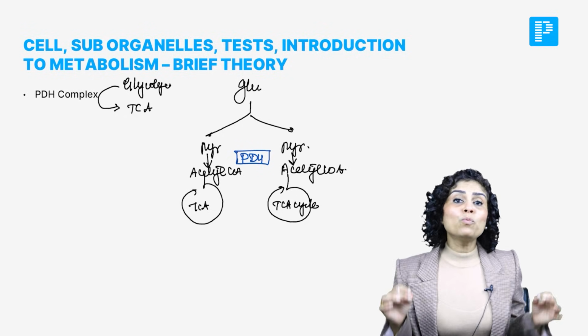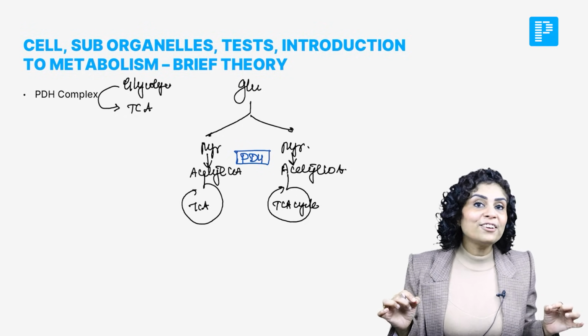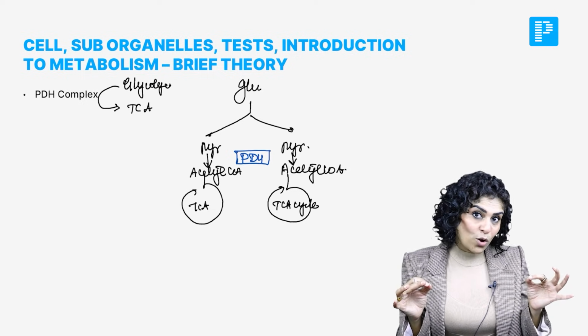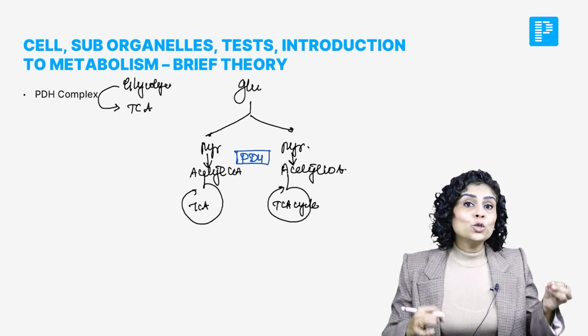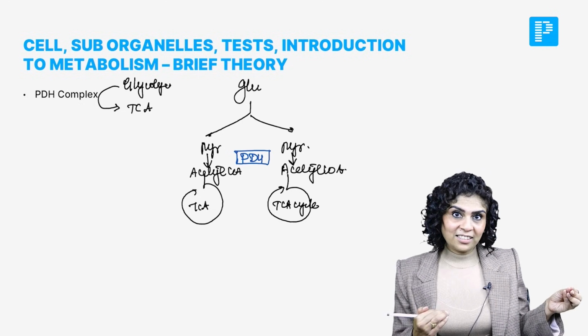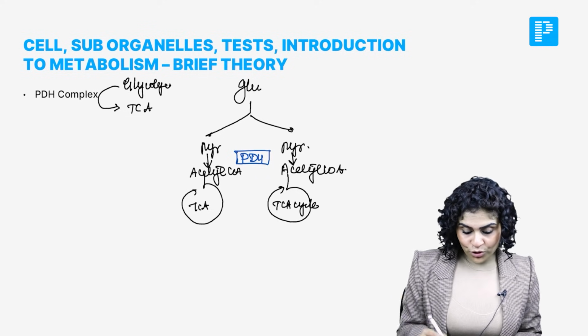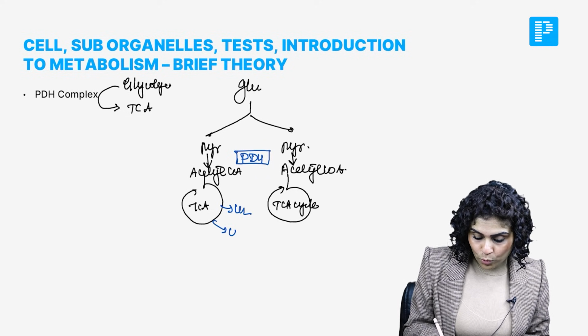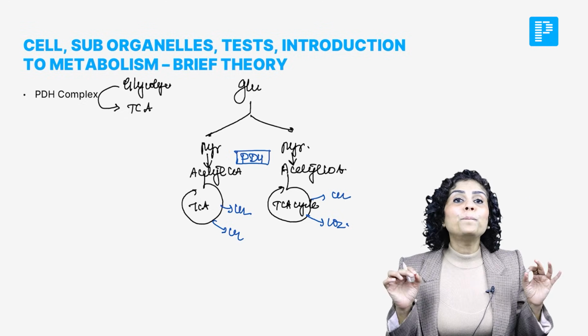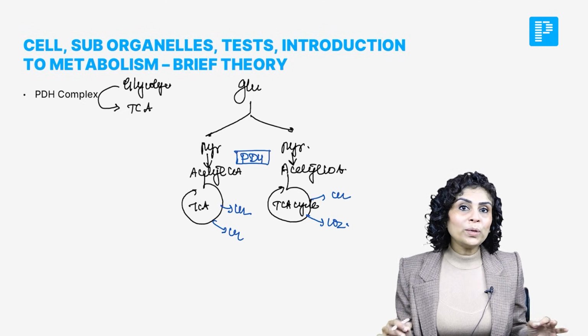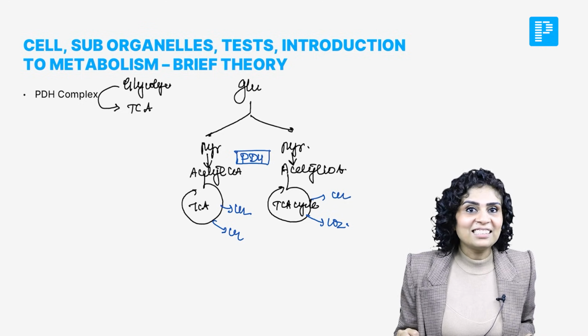So all of you tell me, what is the function of pyruvate dehydrogenase complex? Please repeat it along with me. It converts pyruvate into acetyl-CoA so that it can enter into citric acid cycle. After it enters into citric acid cycle, it comes out as carbon dioxide. That is why I told you PDH complex is a link between glycolysis and citric acid cycle.